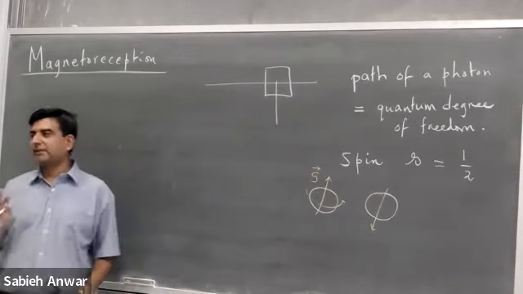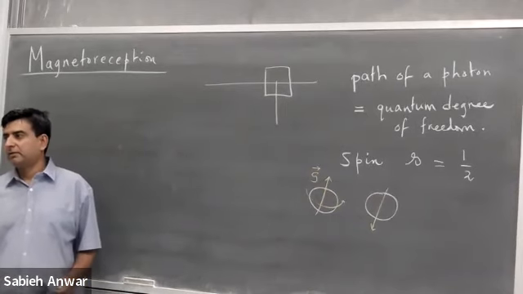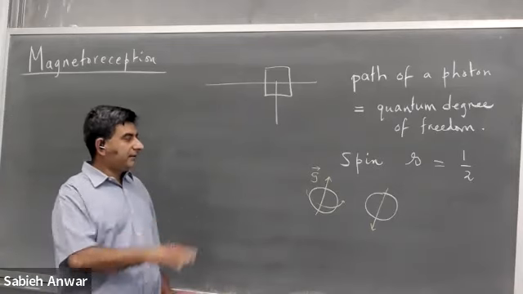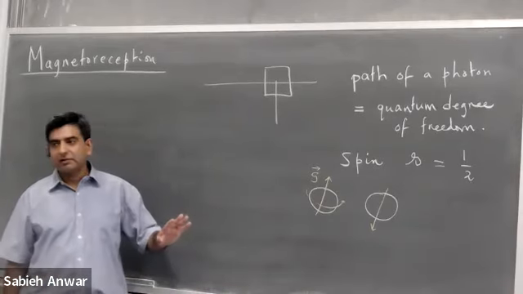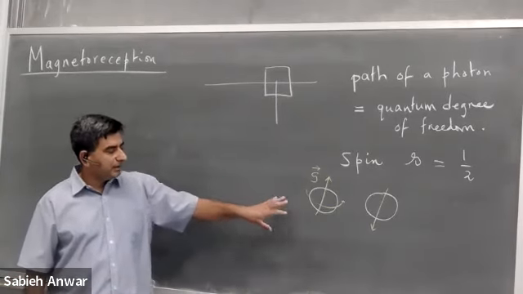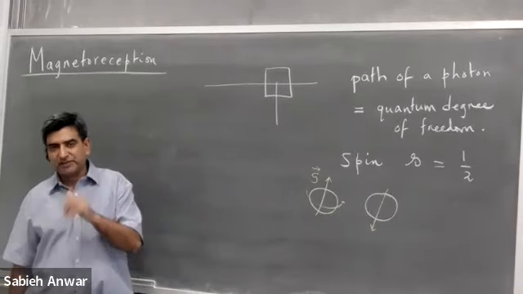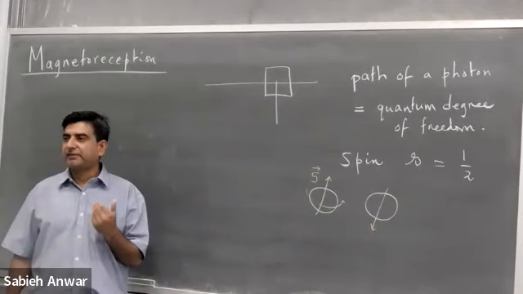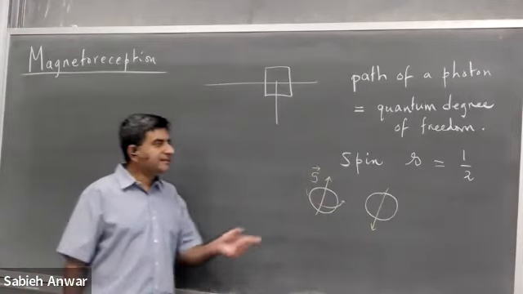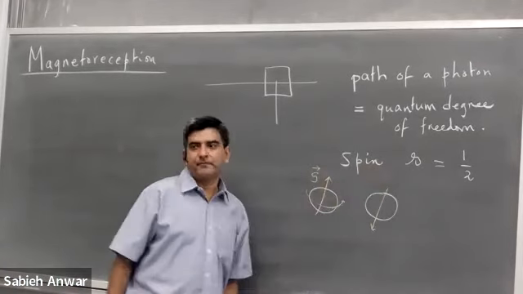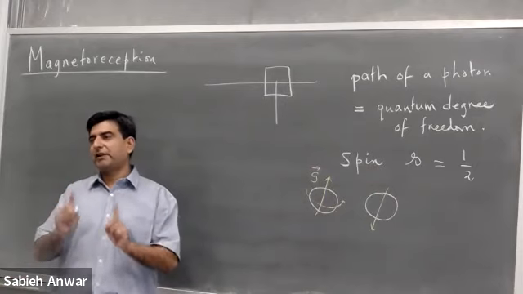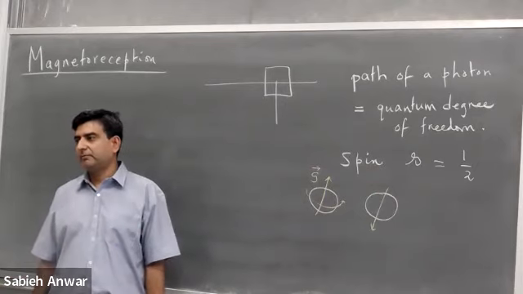But this is only a classical picture. Do not be swayed by this caricature, but the electron, just like it possesses mass and charge, has this angular momentum. And since it is a spin half particle, there are two possible orientations of this angular momentum.